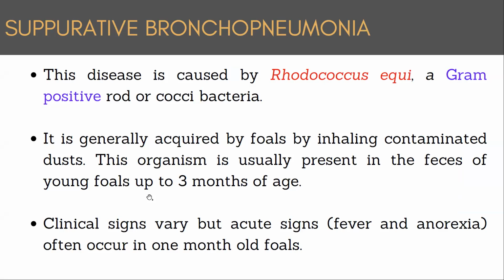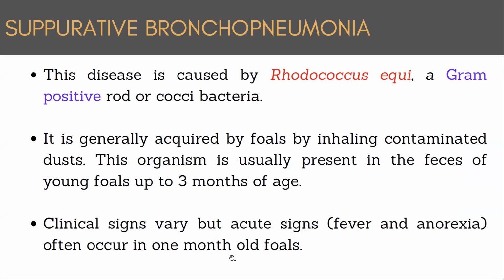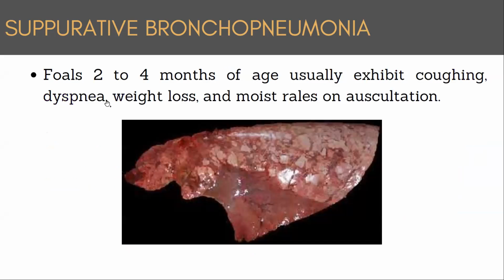So, clinical signs vary, but acute signs include fever and anorexia, often occurring in 1-month-old foals. So 1-month-old foals, nakikita natin is fever and anorexia. Sa mga 2 to 4 months old naman na foals, they usually exhibit coughing, dyspnea.